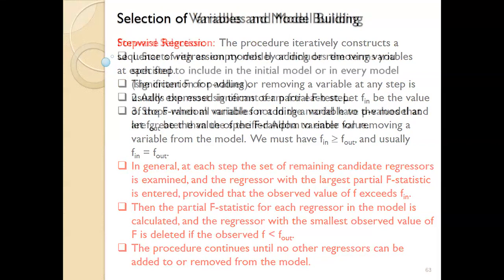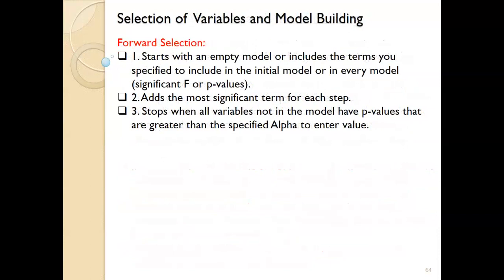But for the forward selection, we start with an empty model. In this case, you have no variables in the model. You check the F or P value first, and then you check which P value is significant. You add that variable first, and then you check the P value again. If the P value is significant, or less than alpha, you add that variable. For example, if we have x1, x2, x3, x4, we have beta 1, 2, 3, 4.